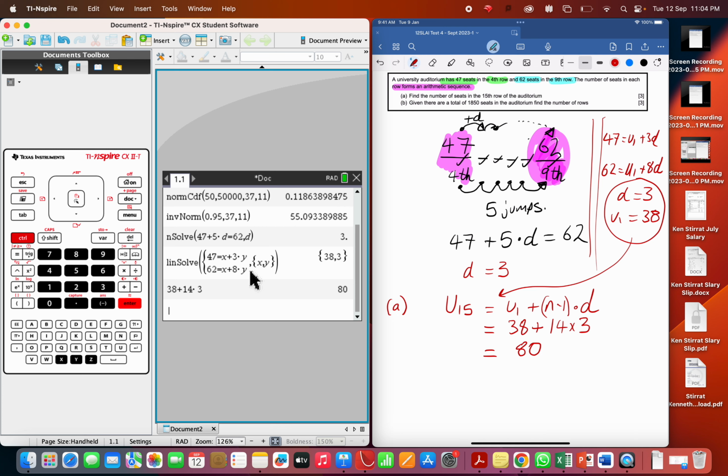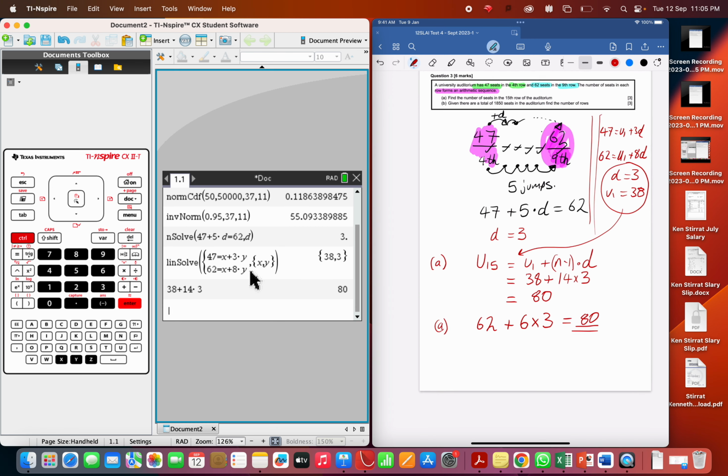For part A continued, to get to the number of seats in the 15th row, I could have started with 62 seats, the number in the 9th row. I've got 6 rows to go, and each d is 3. That's an extra 6 jumps of 3, and that would also give me the 80. So whichever method you prefer.